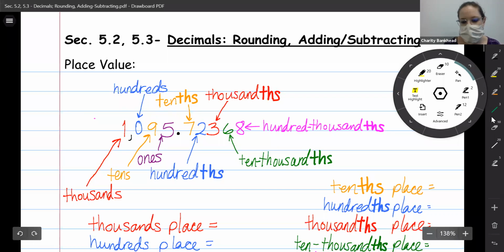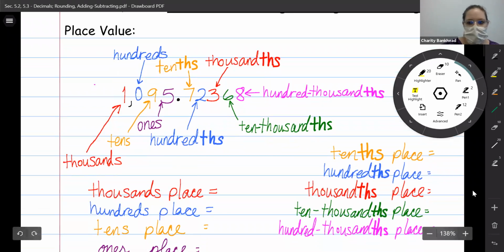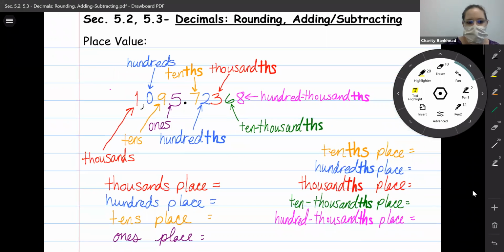All right, so chapter 5 is all about decimals. First of all, we want to make sure to be familiar with the place values.